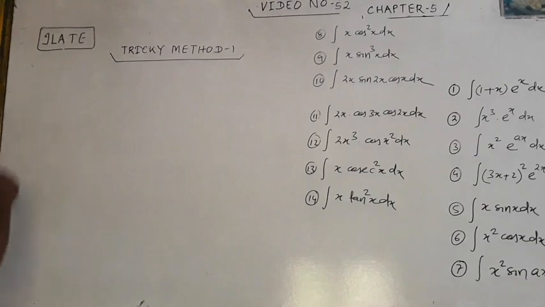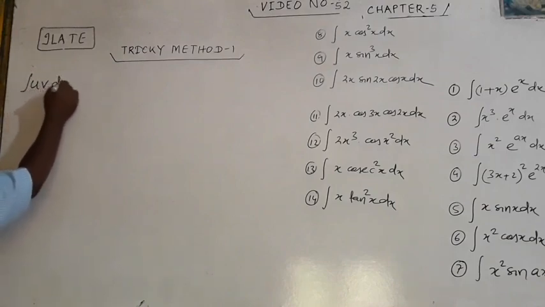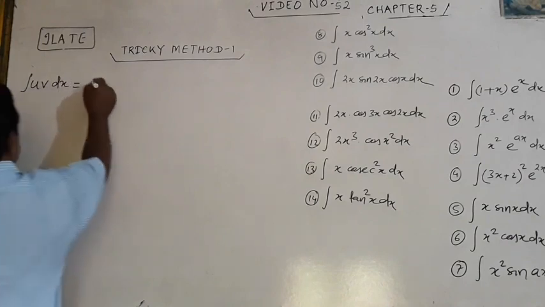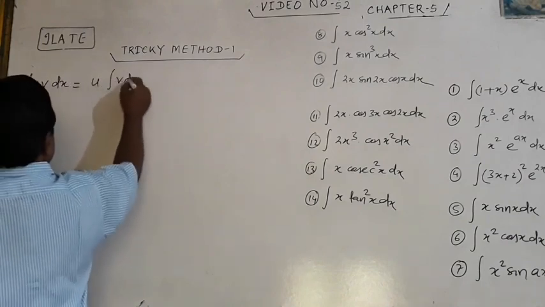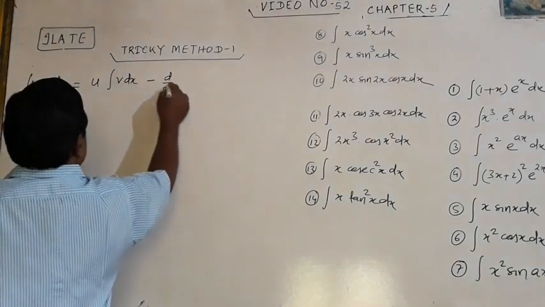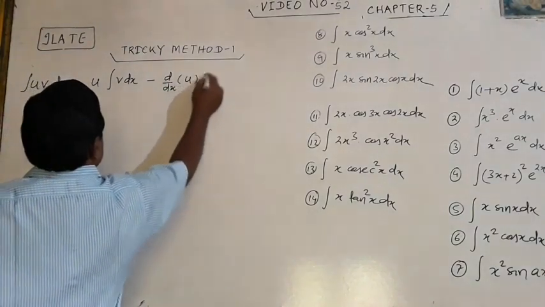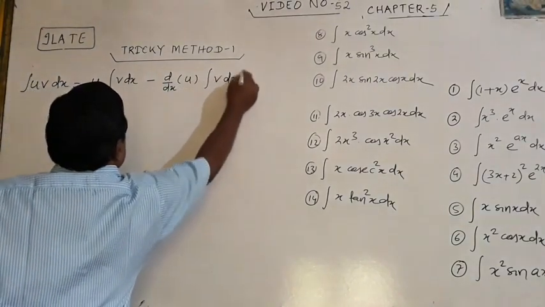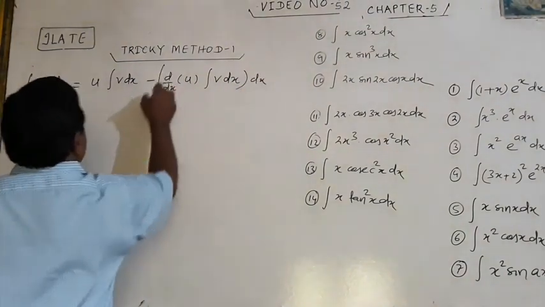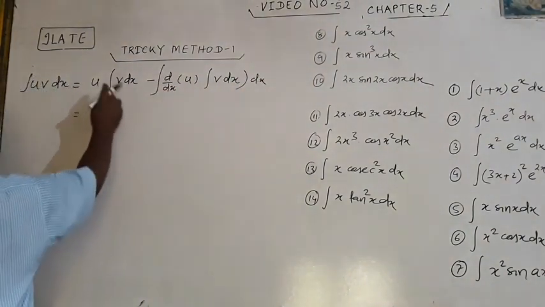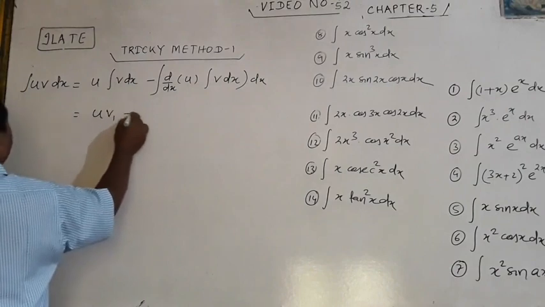Now look at the tricky method. What is that? u into v. You know what is the formula? First into integration of second, minus derivative of first into integration of second, whole integration. Tell me, it is u. Integration of v is what? v1.